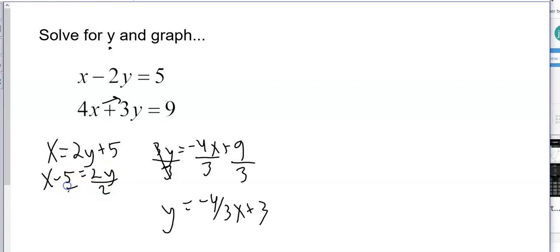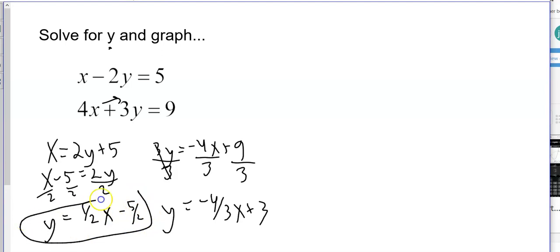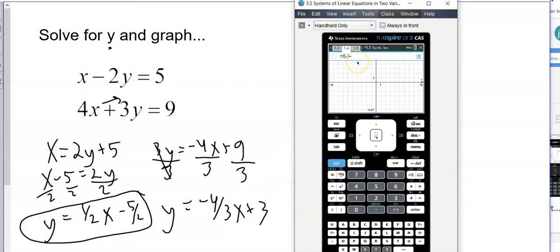And then divide by 2, divide by 2, divide by 2. So you get y equals 1/2 x minus 5/2. Okay, so we finally solved for y. So that would be 1/2 x minus 5/2.